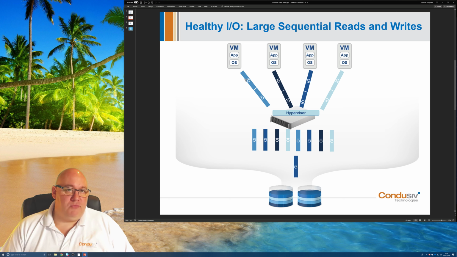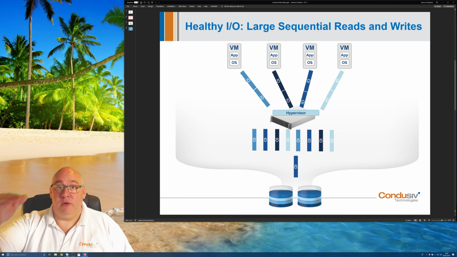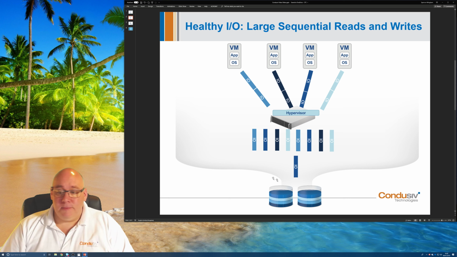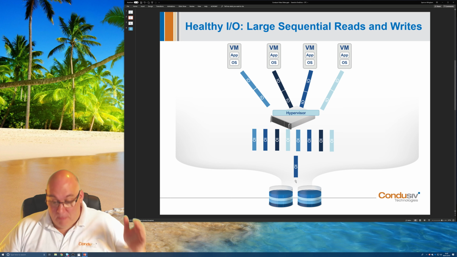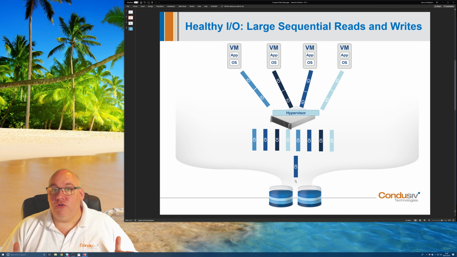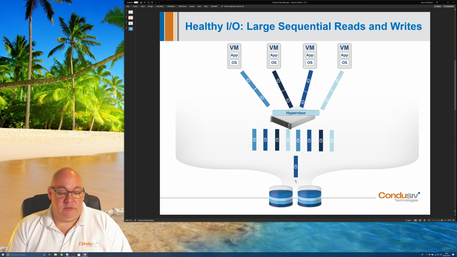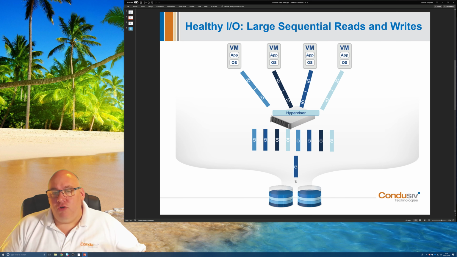That's a far more efficient way of moving that data between server and storage and back again if it needs to be read. And it means that when it's arriving down here at the storage, because it's arriving in nice large chunks at a time, it gives that storage controller the opportunity to create much larger, more sequential stripes across its media. It's generally a lot more efficient.